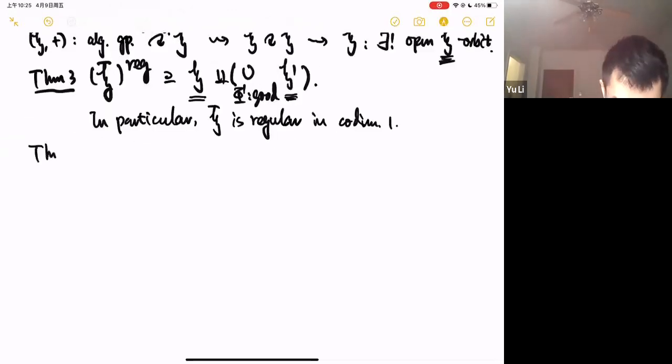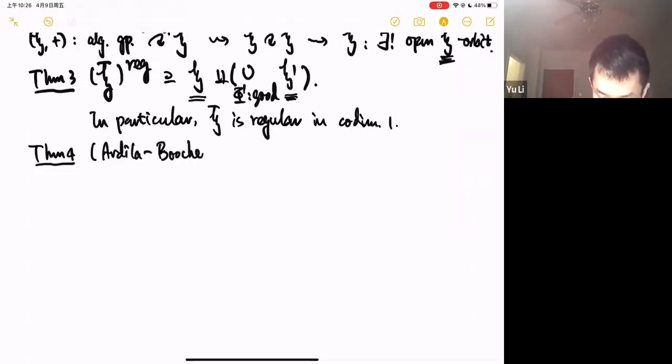Okay, and then theorem 4. This is a combination of a theorem of Ardila and Boocher and our analysis of the structure of H bar. So I say that H bar is Cohen-Macaulay. In particular, it satisfies Serre's condition S2.